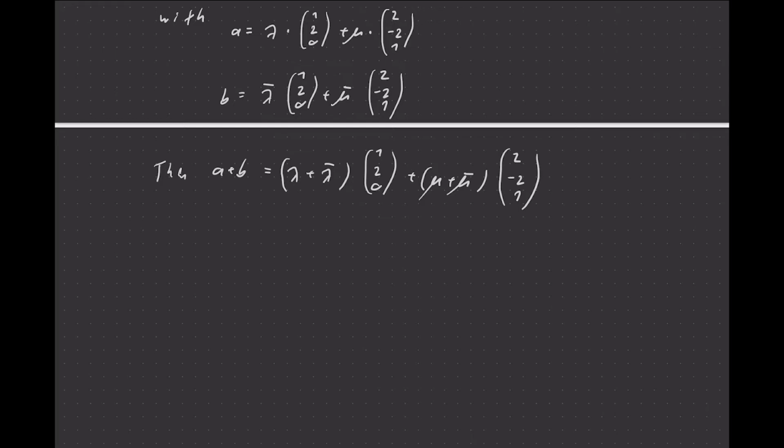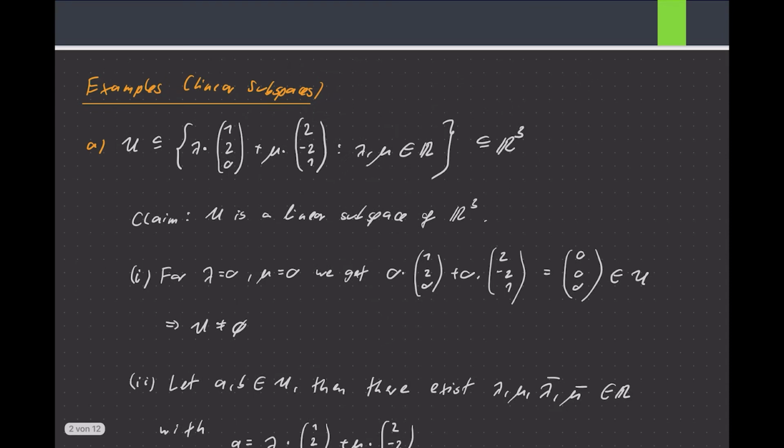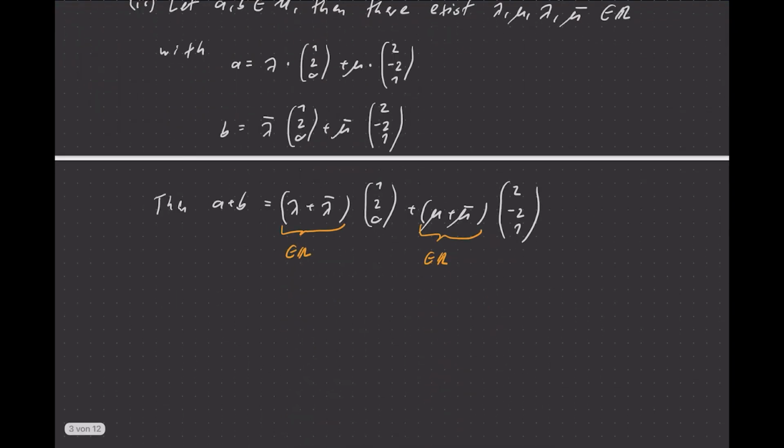Now obviously this here is a real number, and this here is a real number. So the result does have the form required for U, which is a real number times (1, 2, 0) plus a real number times (2, -2, 1). Exactly that form we have here. So that means a plus b is contained in U. So that second condition is actually true.